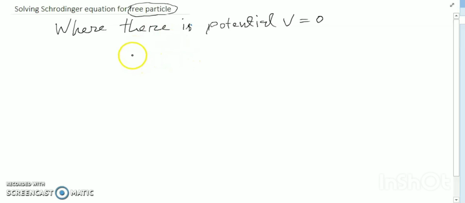So our equation becomes: h bar square, where h bar is the reduced Planck constant, times d square psi divided by dx square, equals E psi.